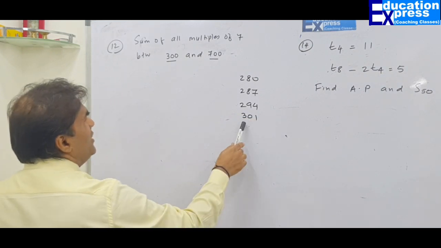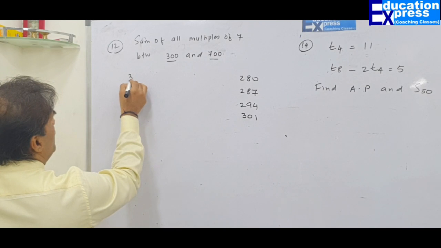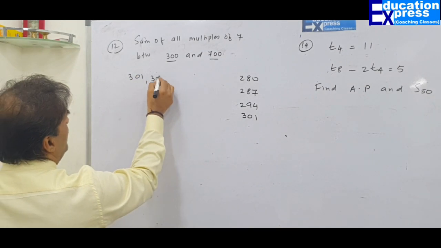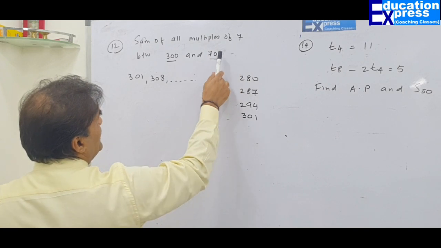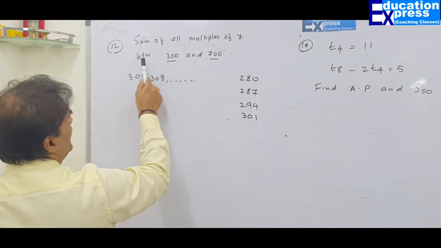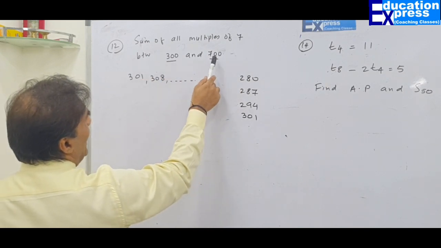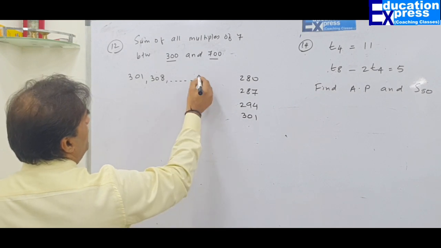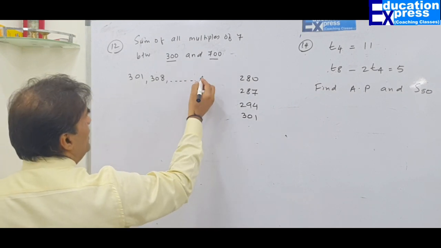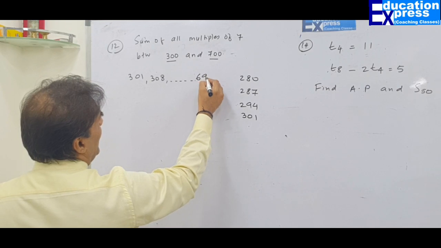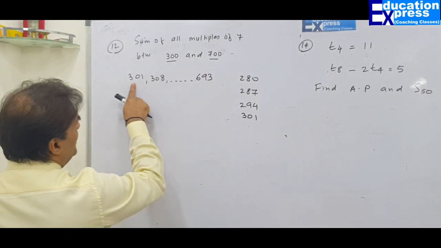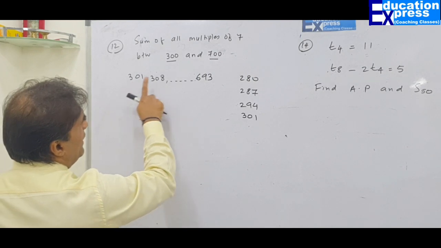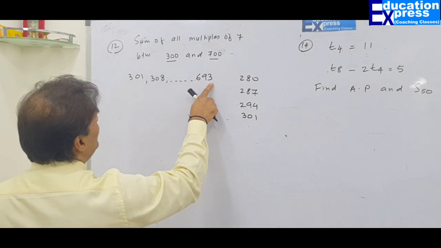So my dear friends, 301 could be the first term. 301, 308, and so on. 700 is divisible by 7, but we don't have to include it because it has to be between 300 and 700. So the previous term to 700 would be 693. So I got to know, okay, my series starts with 301 and ends with 693.